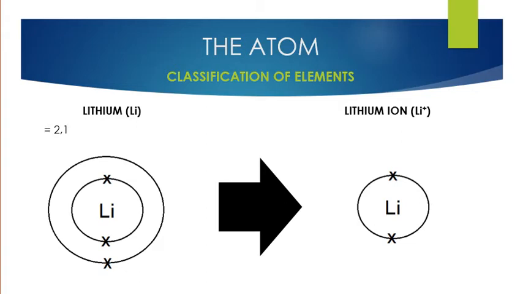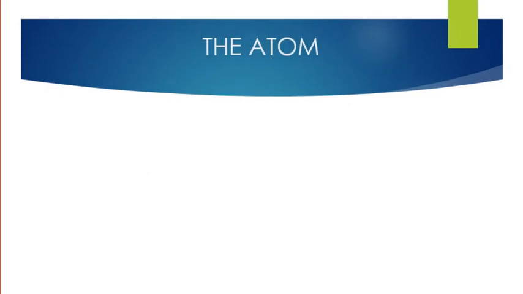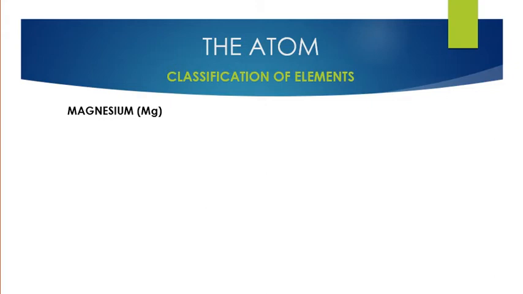So now let's look at another example under metals for us to get even more understanding. This time we'll be looking at the element magnesium. I'm sure by now you know the first 20 elements. And so magnesium is the 12th element, if you can recall.